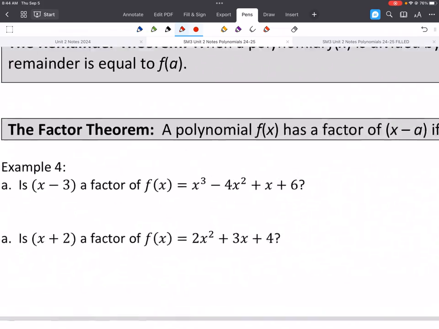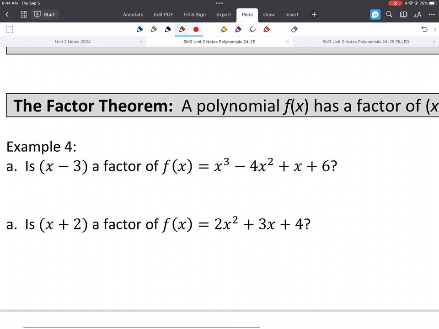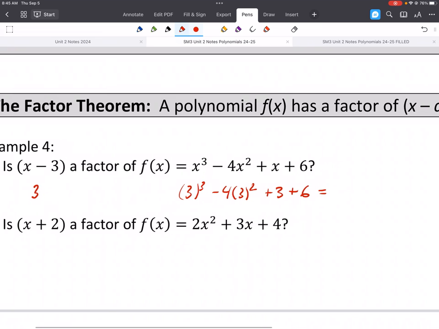All right, let's answer these last two questions. Is x minus 3 a factor of this function? Again, you could do long division or synthetic division, or we could just say the zero is 3, so we could plug 3 in. Although with synthetic division, I feel like it takes about the same amount of time. It's just so quick.